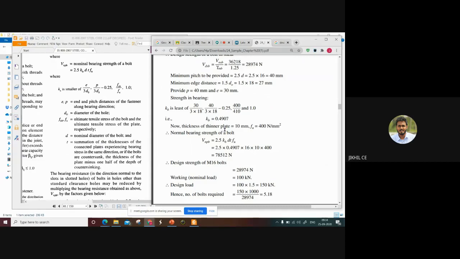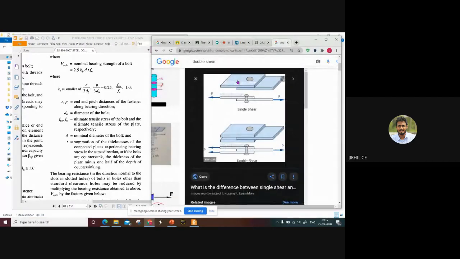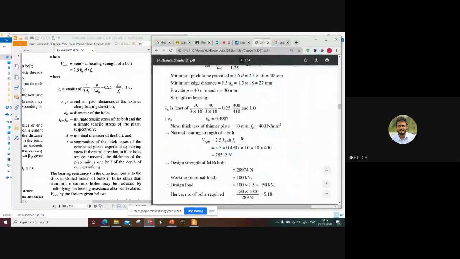As we have the lap joint, both plate 1 and plate 2 are moving in two directions. This one will be moving right, this one towards left. So we select the lowest thickness value. The thickness of the thinner plate is 10 mm, the other one was 12 mm, so 10 mm was taken.